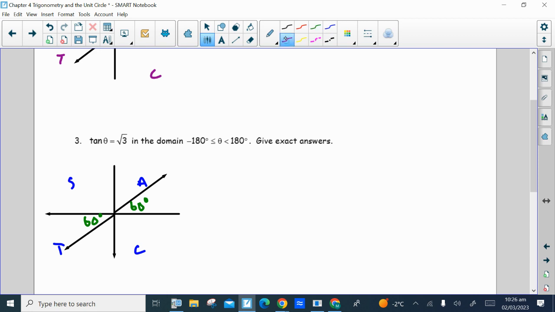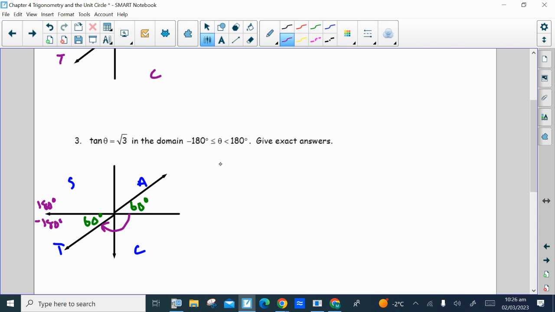And now to find the rotation angle, you have to remember again that we're going from negative 180 around to positive 180. So this rotation angle will be that one there. It's a negative rotation angle. It is 60 degrees short of going all the way to negative 180, which means that would be at negative 120.